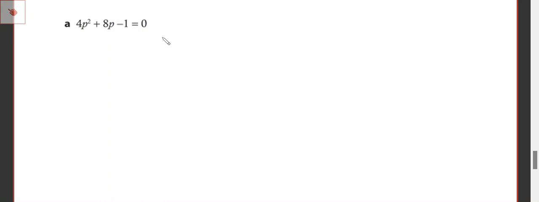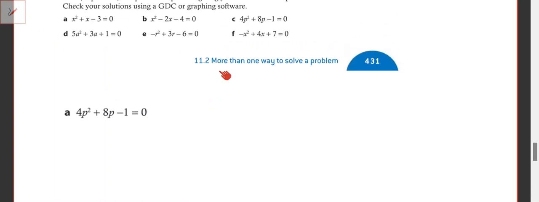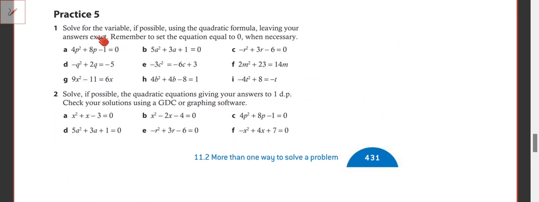Often it will say use the formula too. Now there's one real clear tip. Let's have a look at this question. It just says solve for the variable, in this case p, it can be x, if possible, using the quadratic formula, leaving your answers exact. All right?